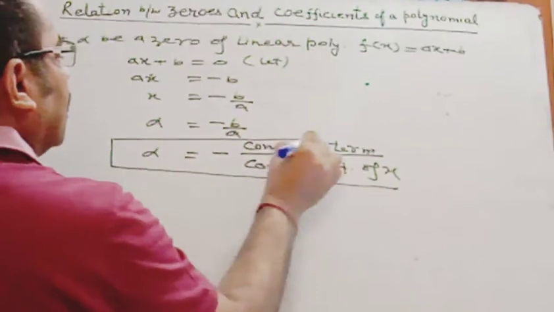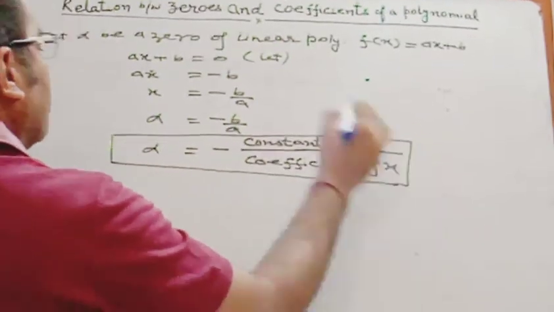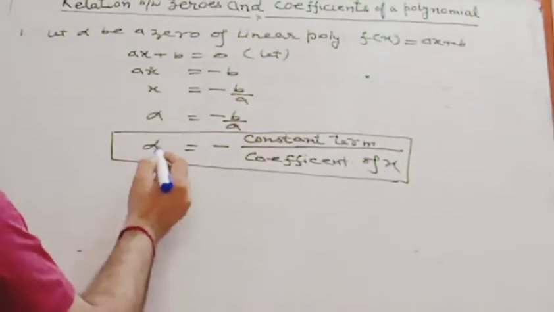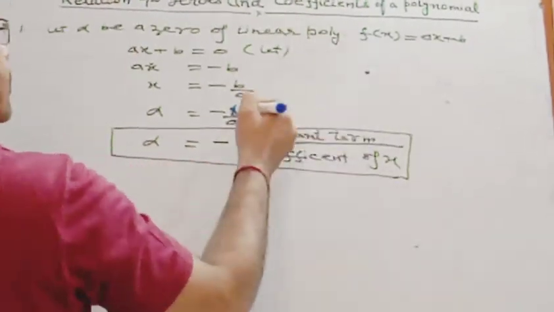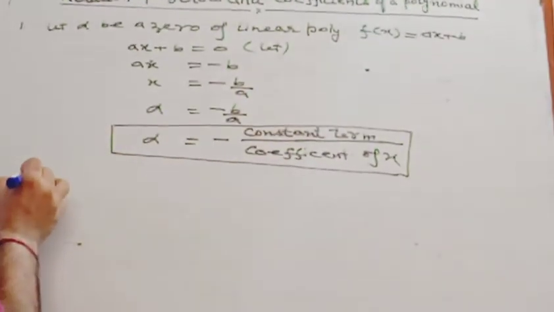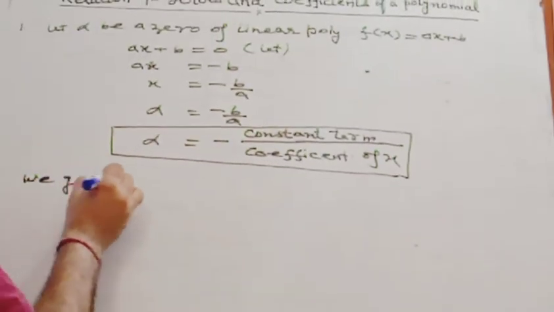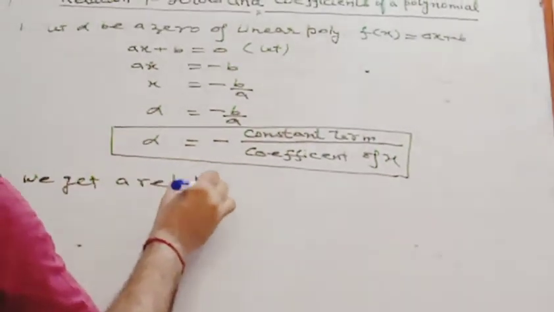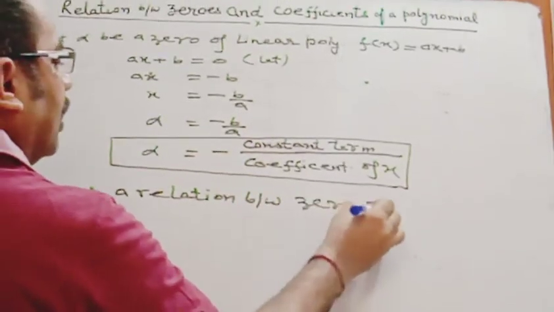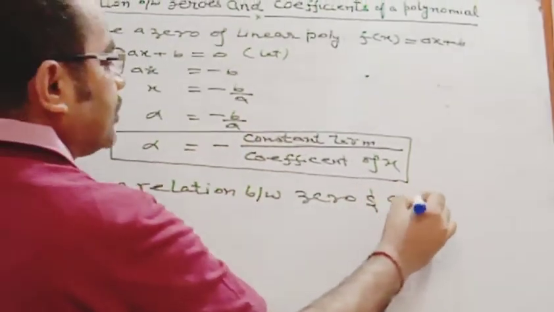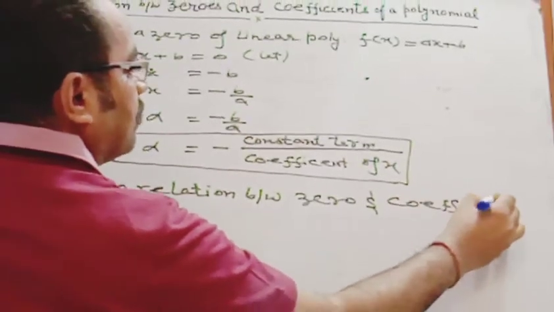We get a relation between the zero of the polynomial and the coefficients of the polynomial: -b/a. We get a relation between zero and coefficient of polynomial.